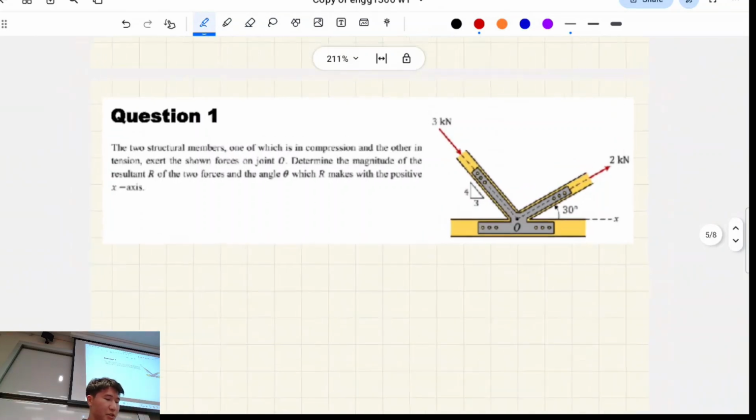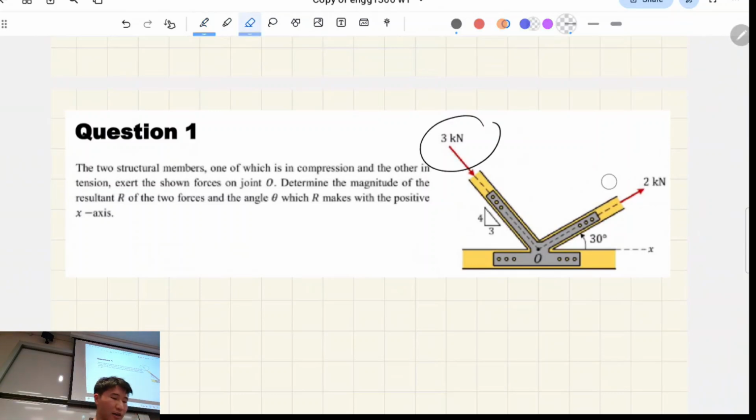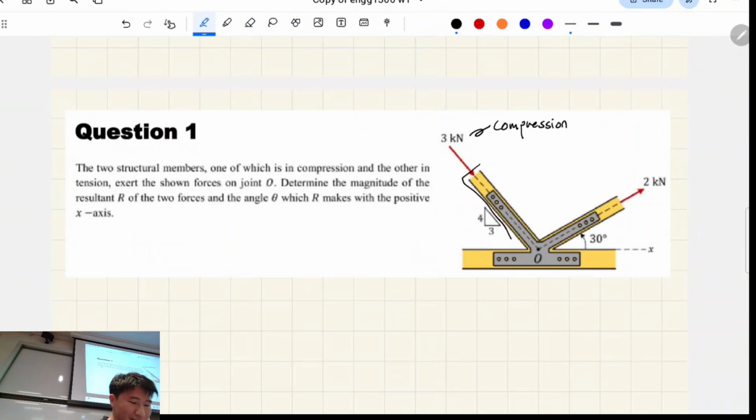So for this first question, we have this free body diagram that's part of a building. Essentially we have two forces acting along here. This one is compressing our member.